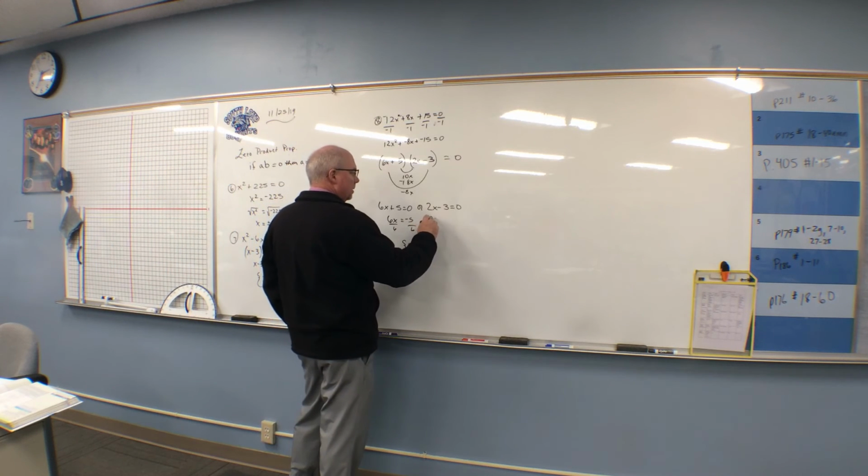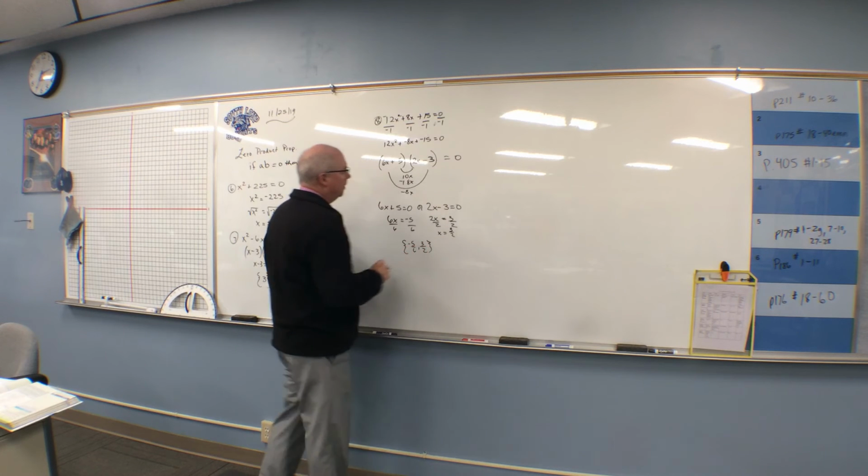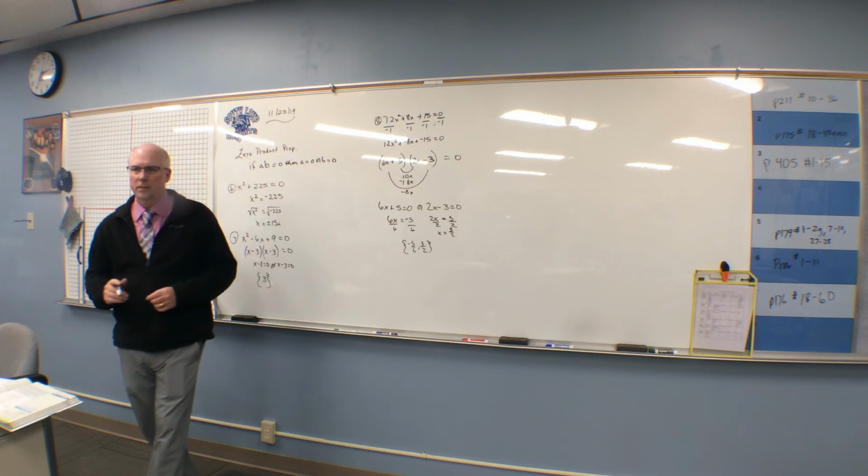And then 2x, if I move the 3 over, equals 3, divided by 2, I get x equals 3 halves. So this parabola touches the x-axis in 2 places.